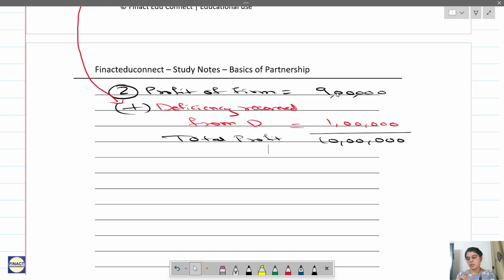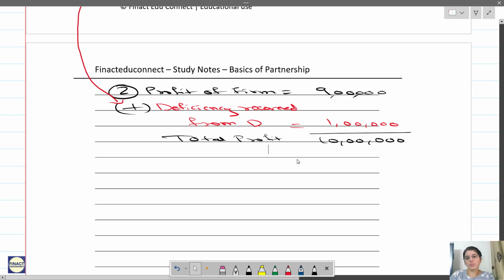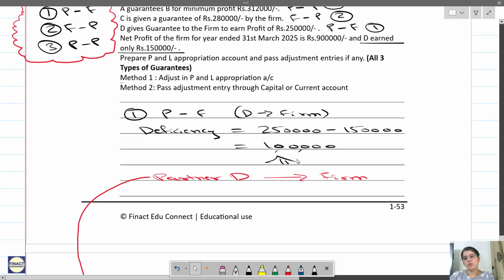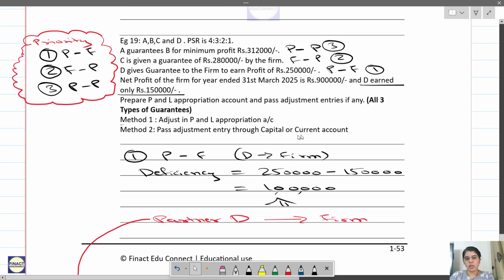Now listen to this thing. Most of you will get a confusion over here. See, D gives a guarantee to the firm to earn the profit of 2,50,000, and here it is specifically mentioned that D earned only 1,50,000.